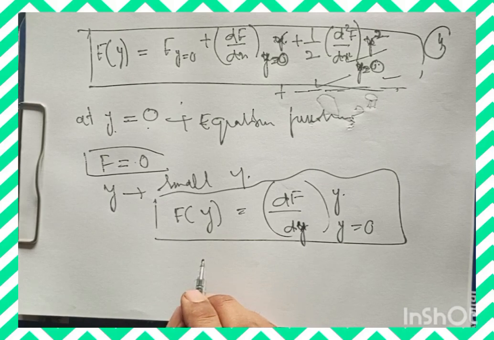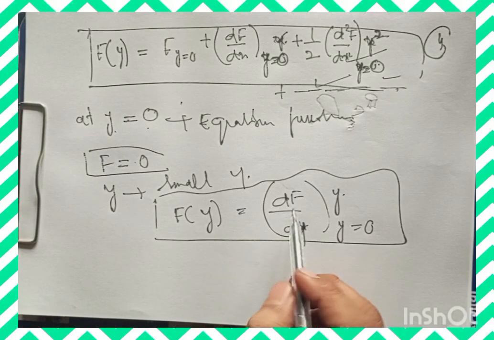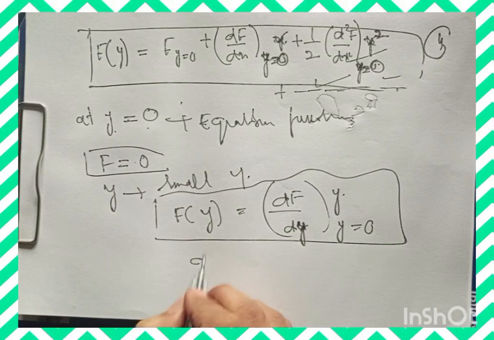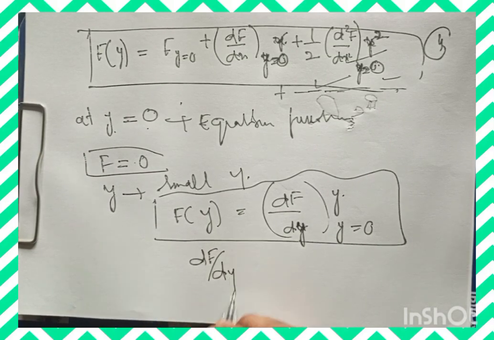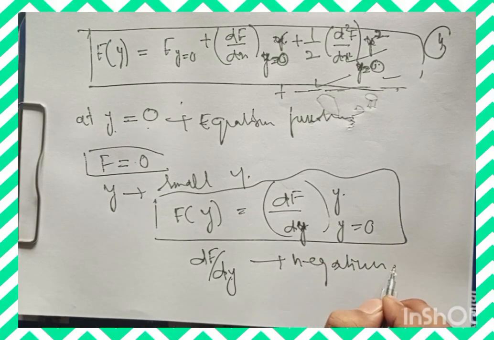That's the case. So we have this equation, which is basically Hooke's law. When this df by dy term is negative, it's going to give us Hooke's law.